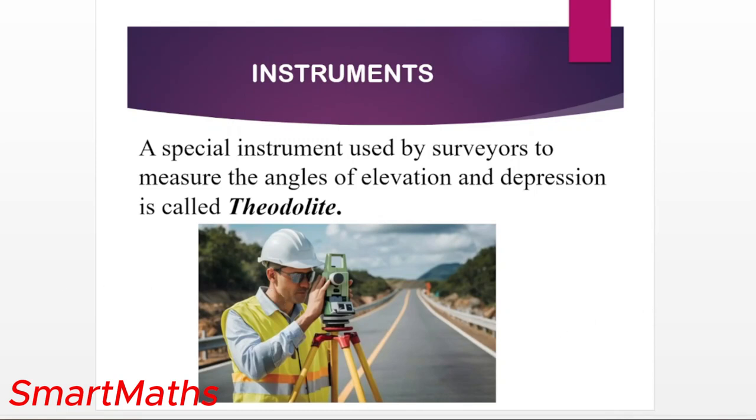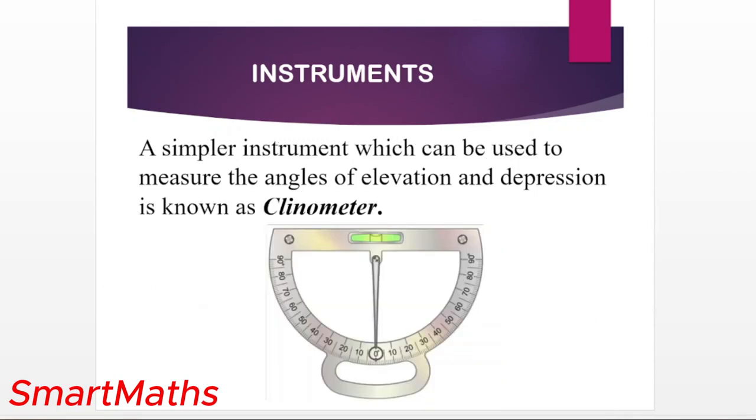But we have a simpler instrument that mathematicians can also use to measure the angle of elevation and depression. That is the clinometer. You use this aspect here to sight the angle you want to measure, the object you want to look at.